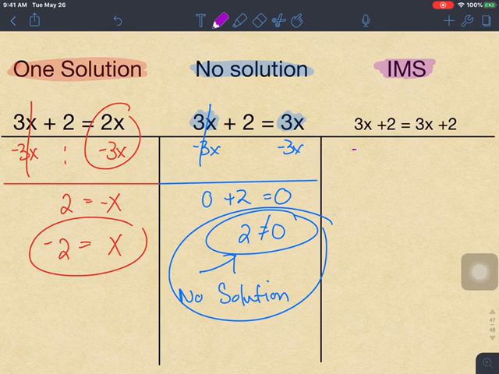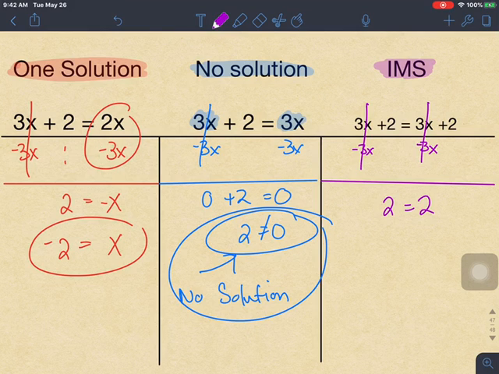So our first move is to get our x's on the same side. And like the no solution problem, this does the same thing. The x's will actually disappear. Okay, you'll get 0 there for 3x minus 3x and 0 on the other side. And what it leaves you with is this answer here, 2 equals 2. That's actually true, but you can't say this value for x makes this true.